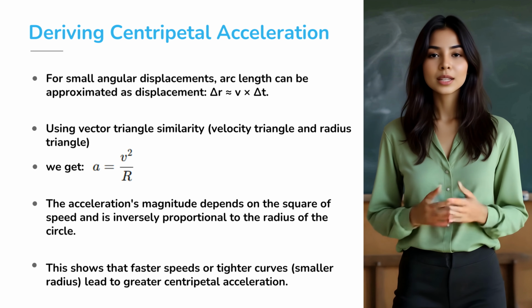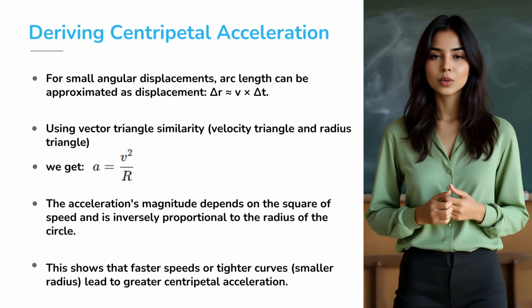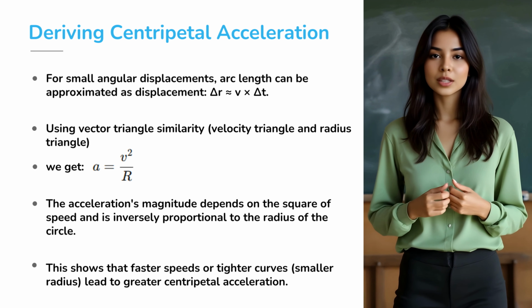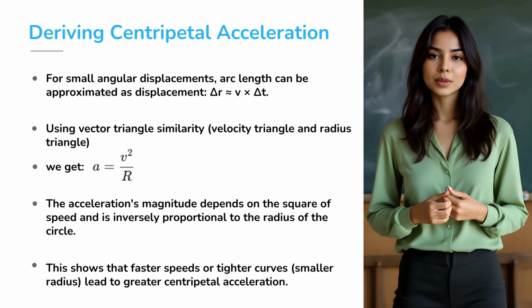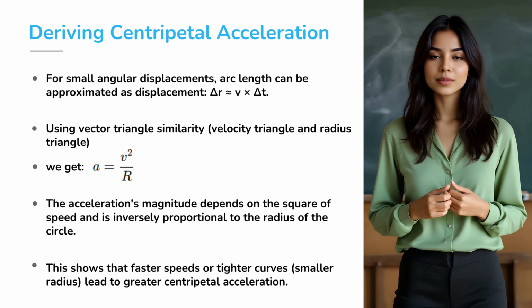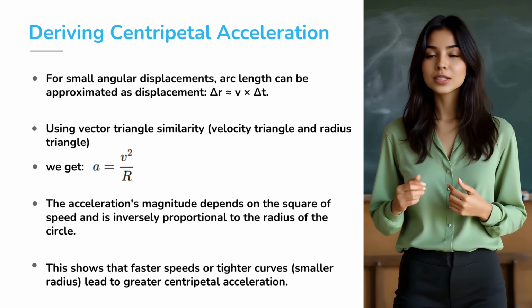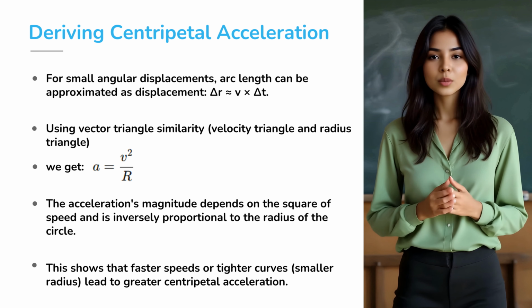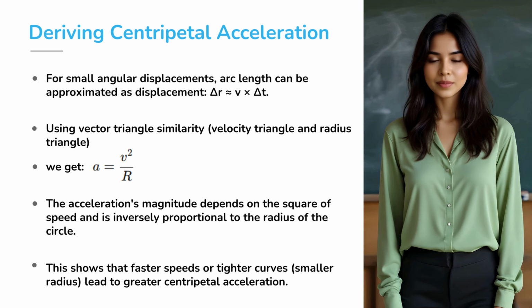Now, let's get mathematical. How do we calculate this centripetal acceleration? Imagine a very small angular displacement along the circular path. For such a case, we can assume the arc length to be almost equal to linear displacement, which is speed multiplied by time.